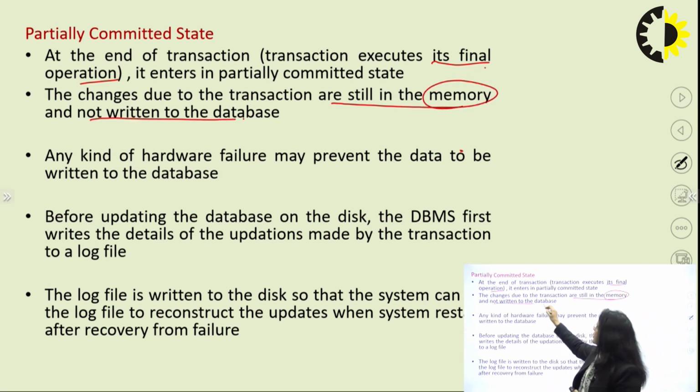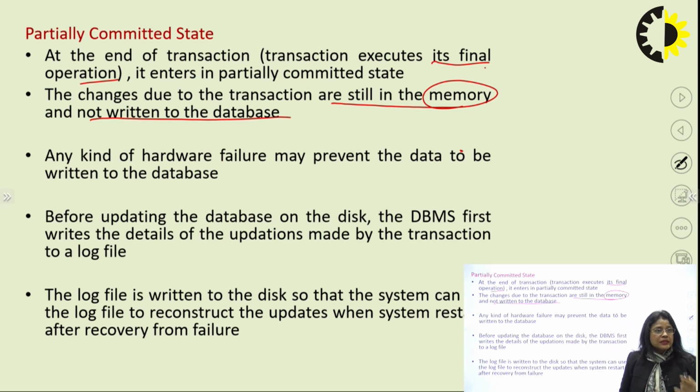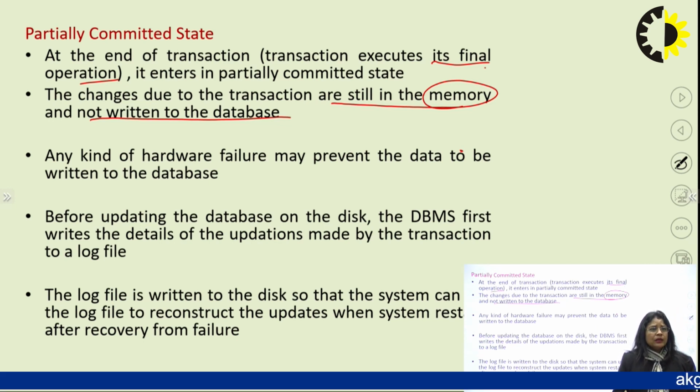It is not written to the database. This state is known as the partially committed state. All the operations of that transaction have been done, but are still in memory, not written to the database. Meanwhile, any kind of hardware failure may prevent the data from being written to the database. It may happen sometimes. That's why we say this is the partially committed state.